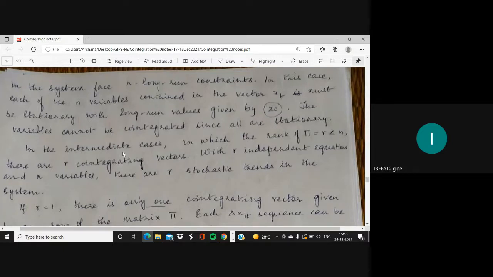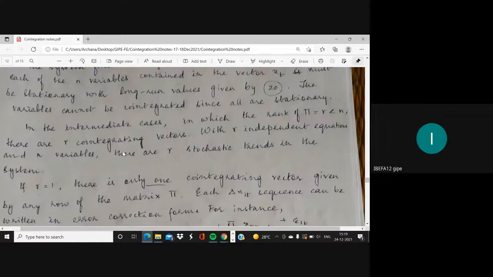All the n rows are linearly independent. So there's no question of any sort of equilibrium relationship existing here amongst these variables. That's why there's no possibility of co-integration if the rank of the pi matrix is equal to n, or if the pi matrix has a full rank.